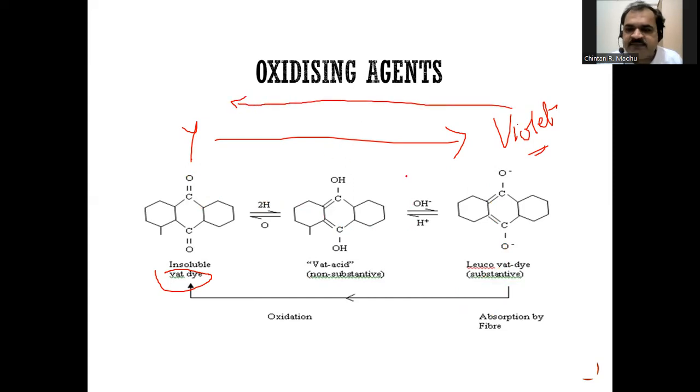So vat dye can be solubilized by reduction. We require a reducing agent. So when you want to convert the reduced product to original, you have to oxidize it, and you need an oxidizing agent.